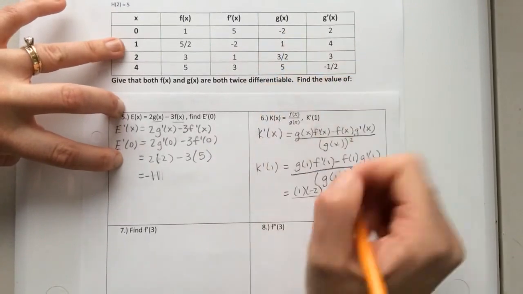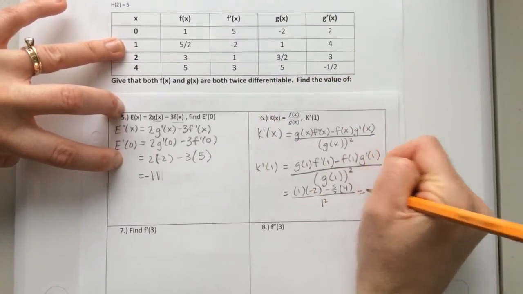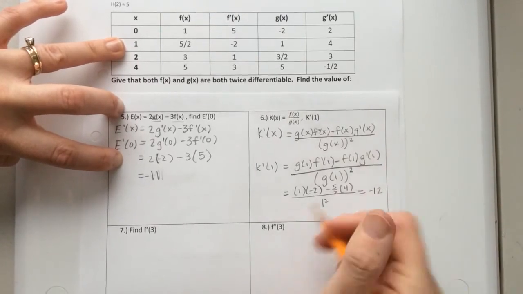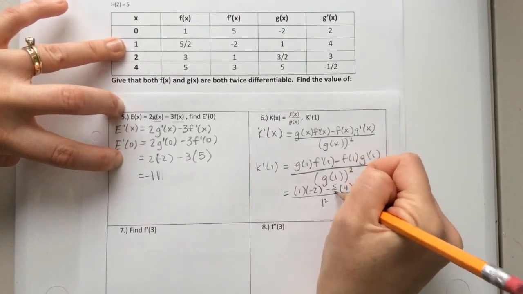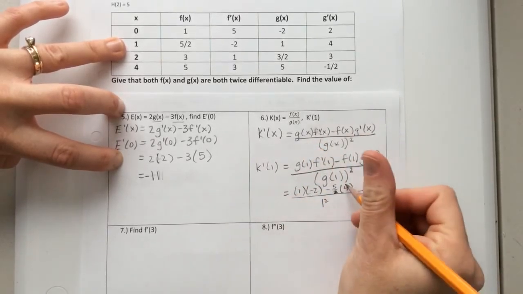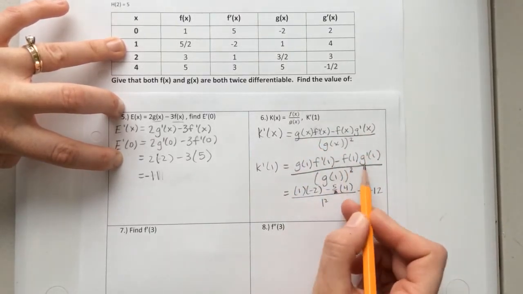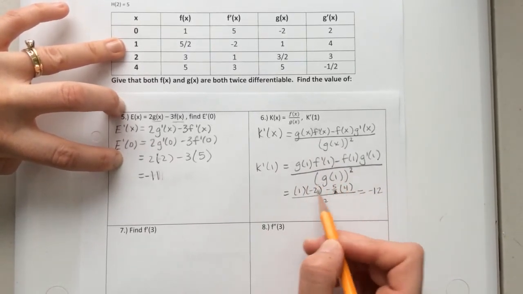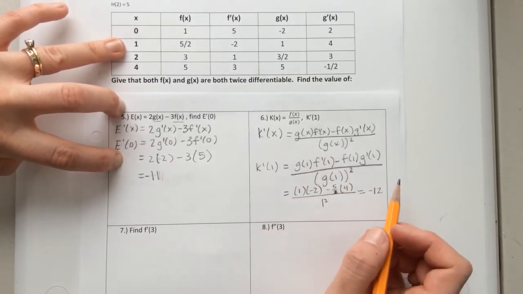G of 1 is 1 all over 1 squared, so this ends up equaling negative 12. But again, as long as it's legible and neat, this portion would work as your answer on the AP test. You do have to evaluate the G primes and G's and F primes, but you do not have to simplify.